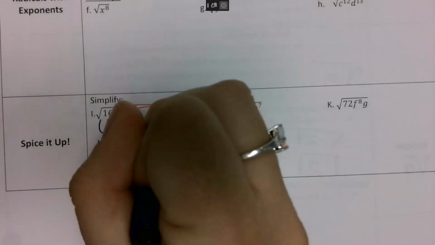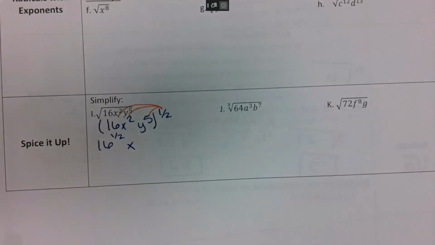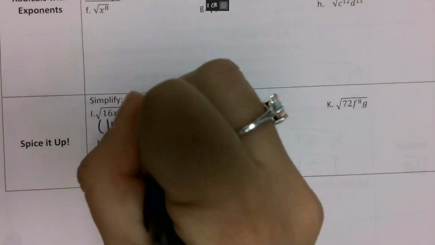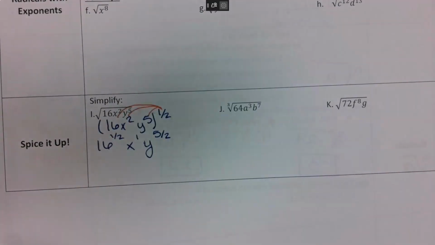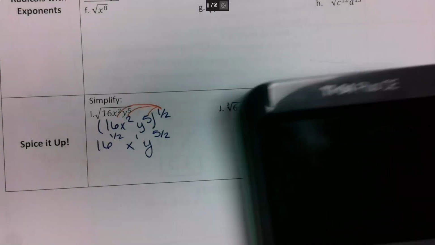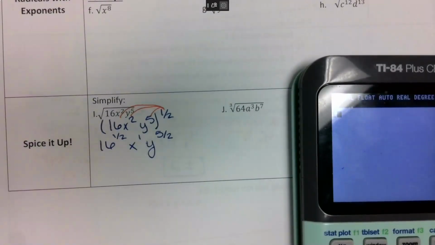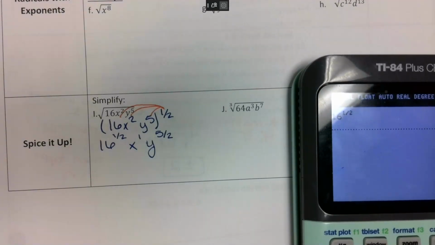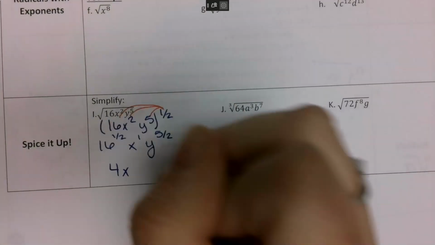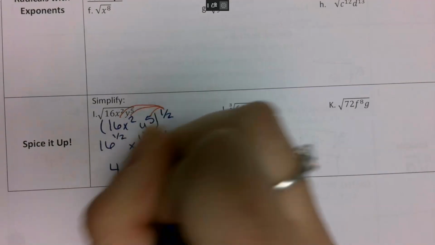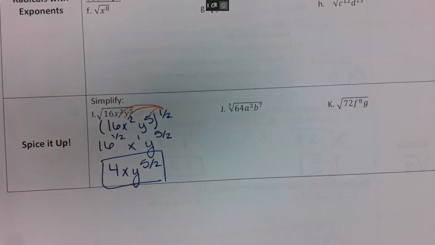What's 2 times 1/2? 1. And then 5 times 1/2 is 5/2. So I can type the 16 into the calculator. So I can do 16, and then for my exponent, I just do 1 divided by 2. And this one gets me 4. So my answer is 4x y to the 5/2.